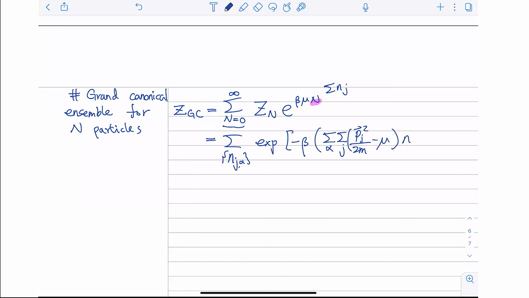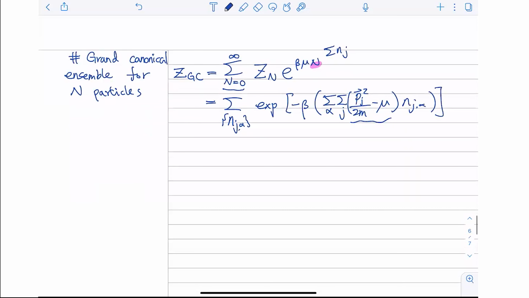And because now we have this summation nj alpha multiplied with the chemical potential, we can put it together with the kinetic energy. At this moment, there's no constraint on the nj, because now we sum over all the possible total particle numbers n.